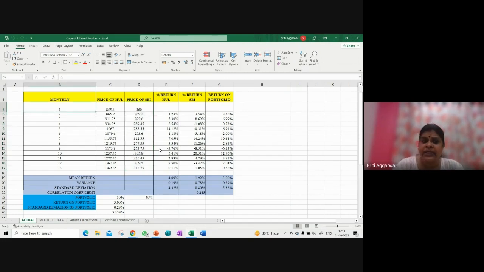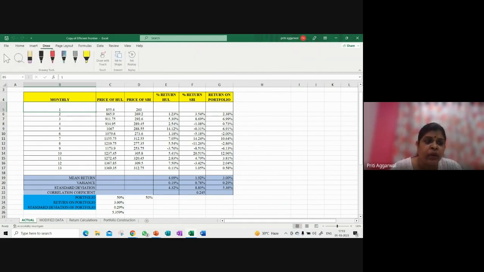Now, as I had said earlier, friends, we had already discussed this, that we have to calculate the HPR of each security. So how we do it is the price at month 2 minus your price at month 1 upon your price at the closing of the first month into 100 is what is your HPR, and that is how you can have a look at the formula which I have used over here.